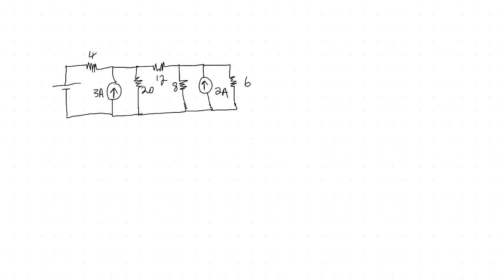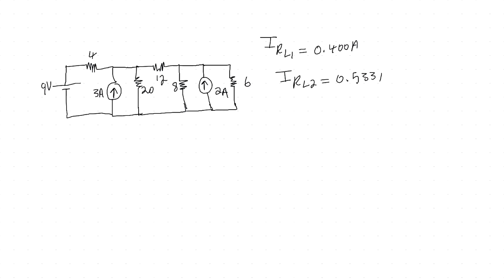So the circuit is like this, and we have currents. Remind me the currents. The IRL1 was 0.4 amperes. IRL2 is equal to 0.533.